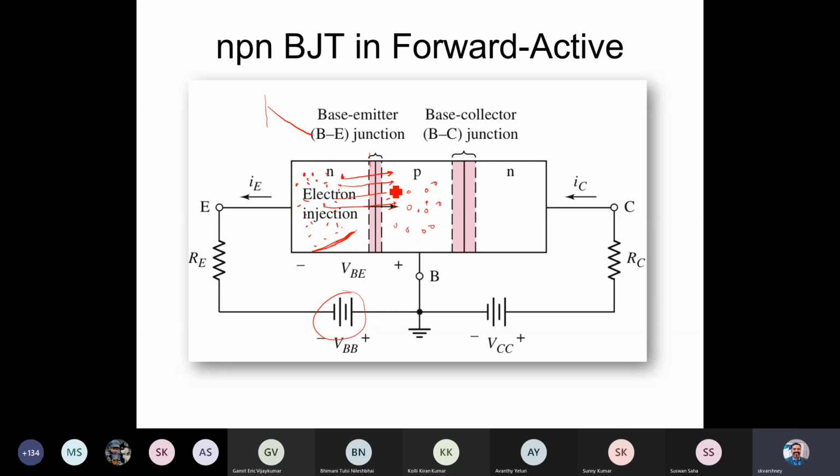And the concentration gradient for these electrons, when they reach the base region, they become minority carriers because holes are the majority there, and this layer is very thin. Make sure that the base region is very thin in comparison to the collector or emitter cross section.